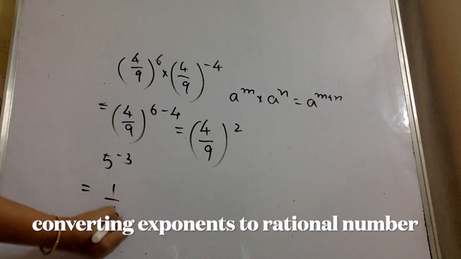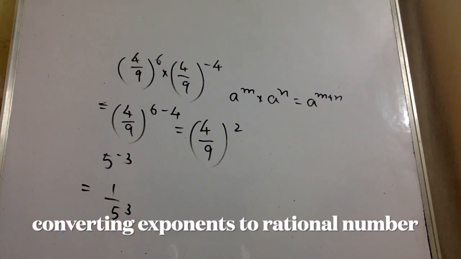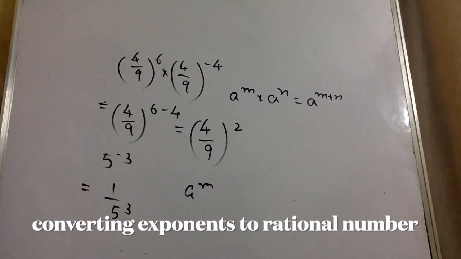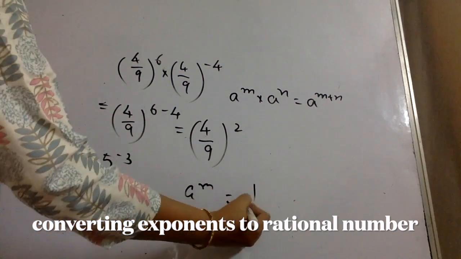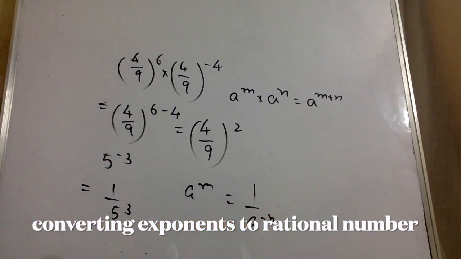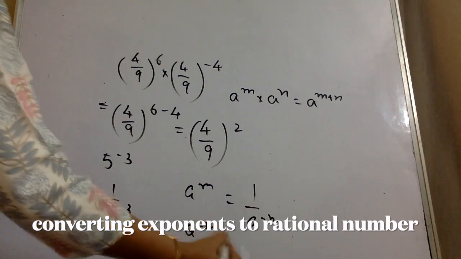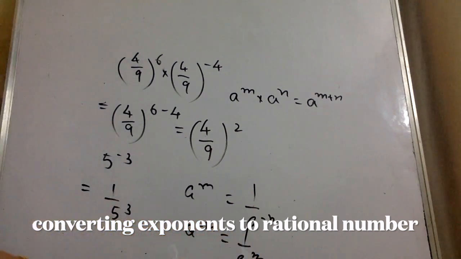So 1 by 5^3. Because we took the 5 down, the 3 became positive. Which rule did we use? a^m is equal to 1 by a^-m, or even you can say a^-m is equal to 1 by a^m.